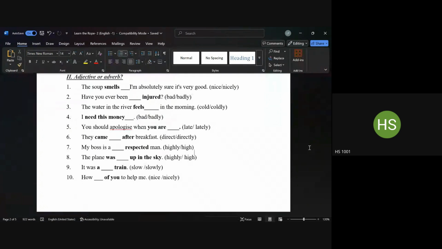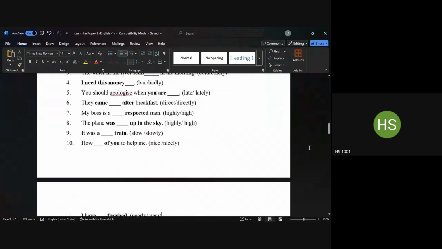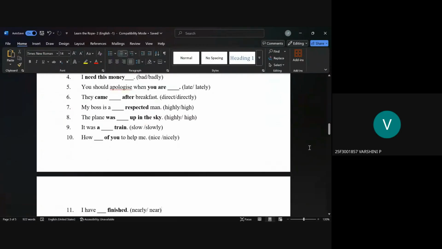Correct. You should apologize when you are dash: late or lately? Late. You should apologize when you are late. Again, you are late, right? If I'm just going to use that sentence, you are late. Late is also a word which can be used as an adverb.